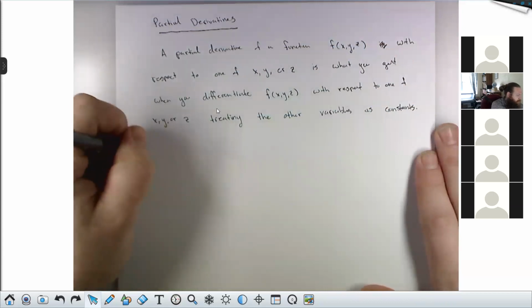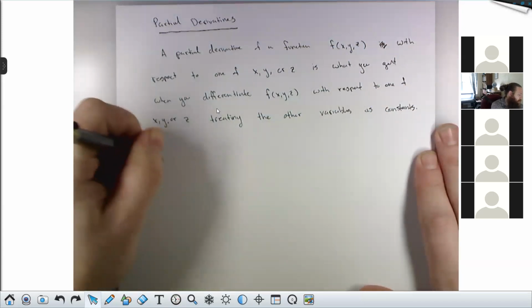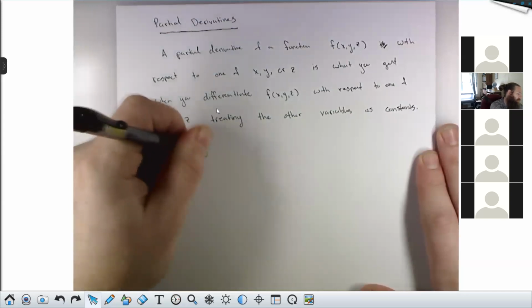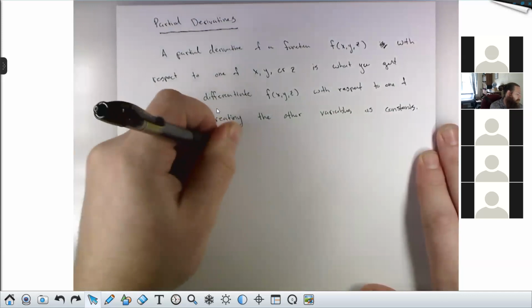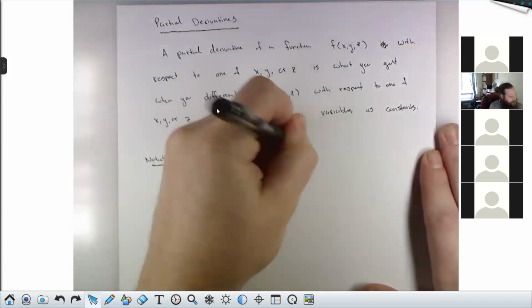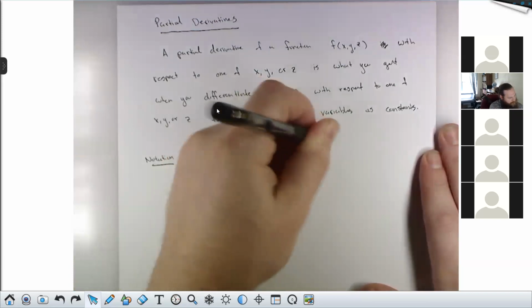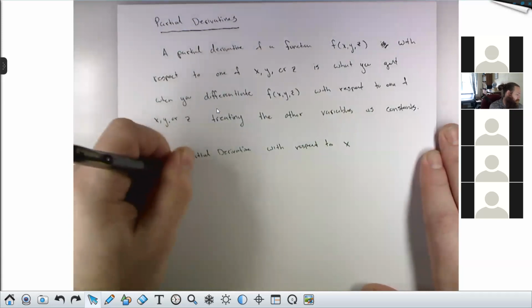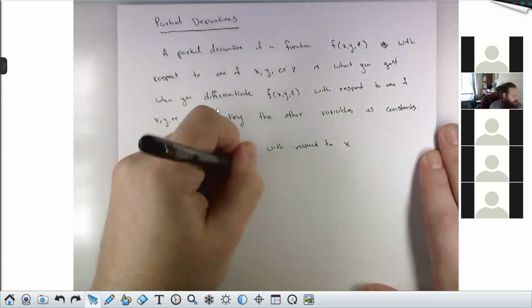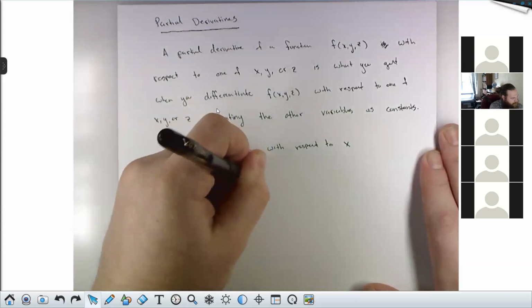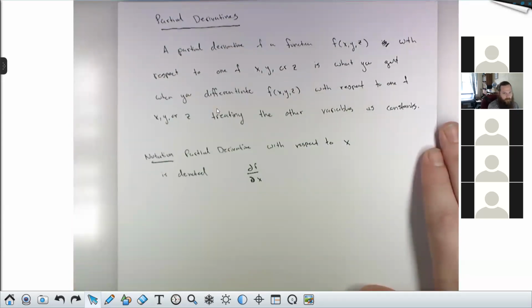The partial derivative, so some notation. The partial derivative with respect to x is denoted, it's a curly d, df dx.